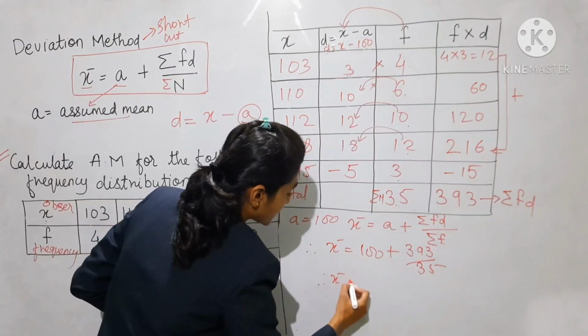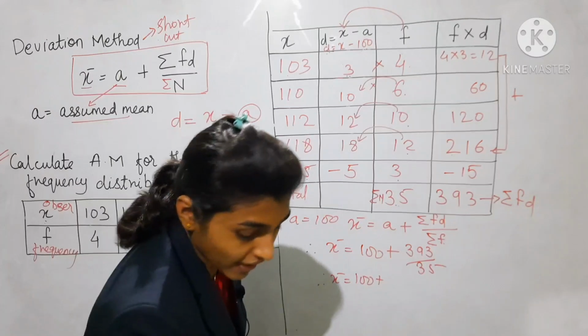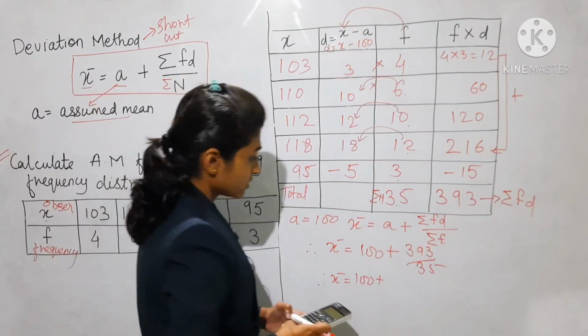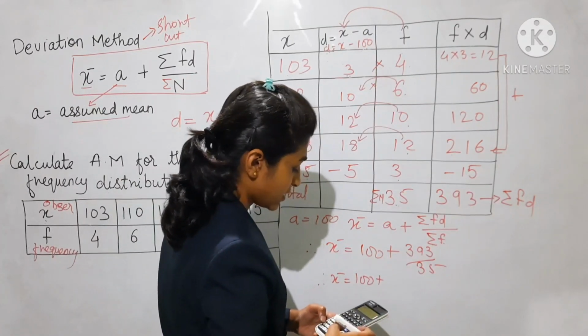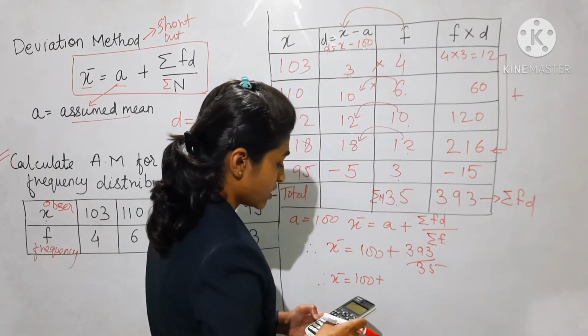Therefore X bar is equal to 100 plus 393 divided by 35.